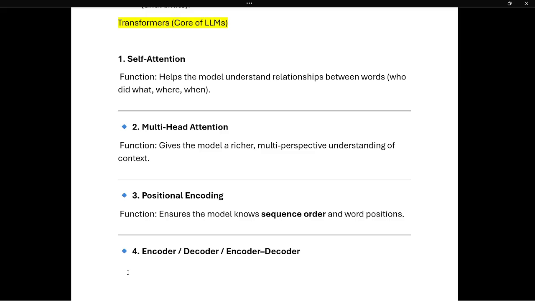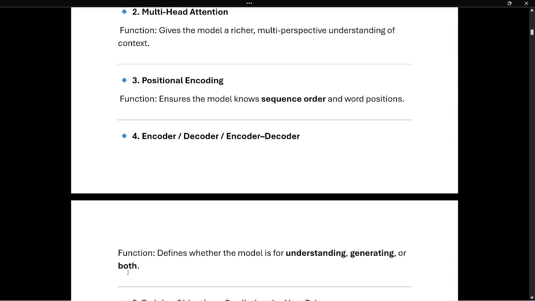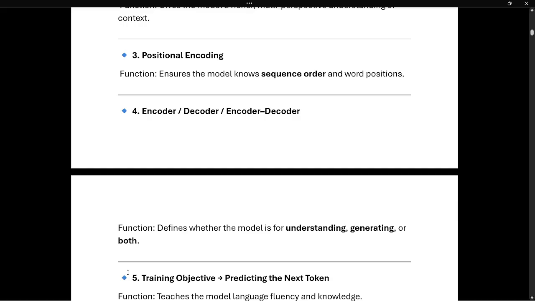So what do we have to do? That's why positional encoding is required. It injects information about the position of each token. That ensures the model knows the sequence order and word positions, so that the meaning can change with different contexts.